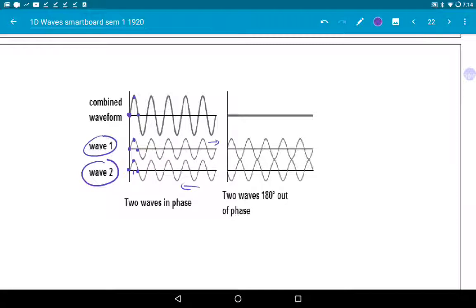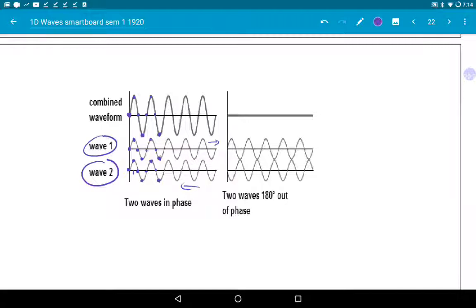Then you look here. Well, that's negative, and that's the maximum displacement in the negative. Same here. They will both add up on the negative side perfectly. Rest, rest, so that's at rest. Max, max, they will sum to the max. Rest, rest, rest.